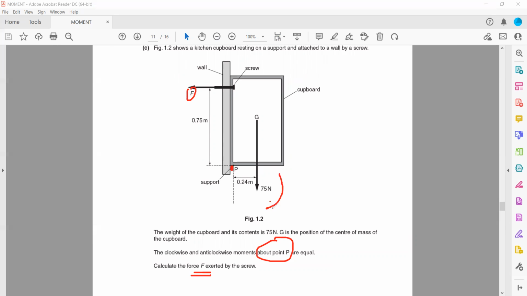With direction, this 75 Newton weight will cause a clockwise rotation. So how much is the moment, the turning effect? 75 into 0.24. So 75 into 0.24, what's the answer?